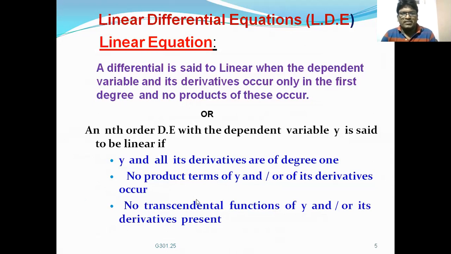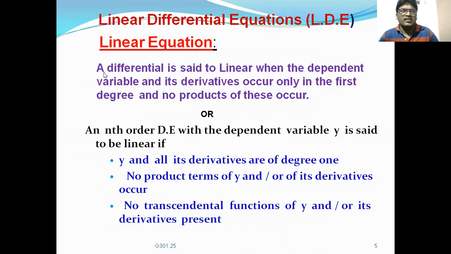So in this equation, we should not have log x, sin y, cos y, e power x and so on. If these transcendental functions do not appear in the given differential equation, the power of y and its derivatives is only 1, and there is no product term of y with dy by dx, then the equation becomes a linear differential equation. So when these three conditions are satisfied, the equation is called a linear differential equation.